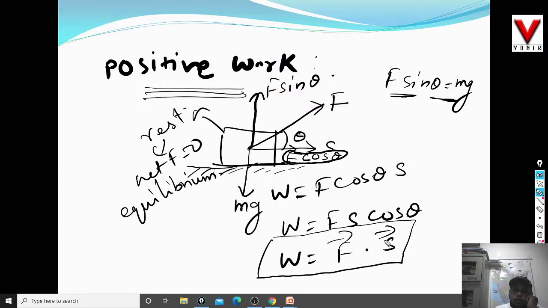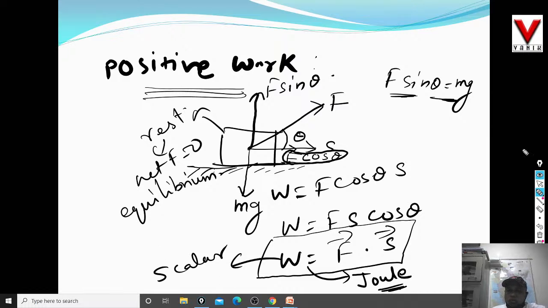If you take the dot product of any two vectors, you will always obtain a scalar. That is why work done is a scalar quantity. What is the unit to express work? It is nothing but joule. The SI unit of work is joule. I hope the expression of work is clear to you.